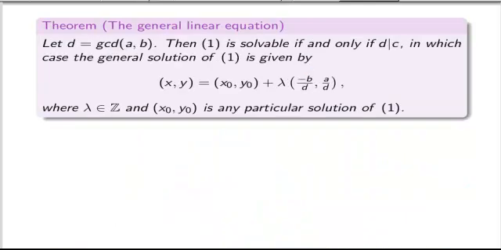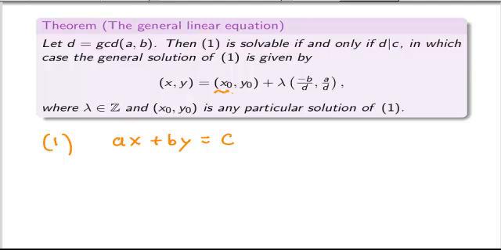So remember, the solution to the original equation 1, the inhomogeneous ax plus by equals c, can be obtained by taking any particular solution and adding to it a solution to the homogeneous equation. So if we put all this together, first of all, we observe that 1 is solvable if and only if d is a divisor of c, where d is the greatest common factor, in which case we claim that the general solution of 1 is of this form.